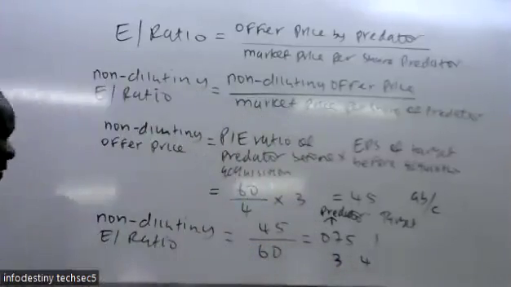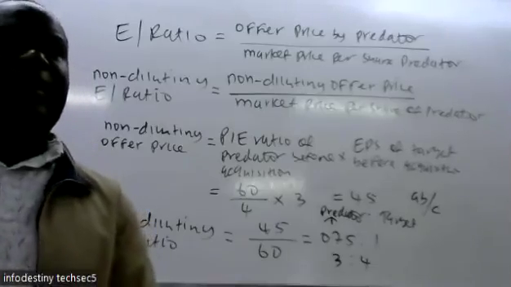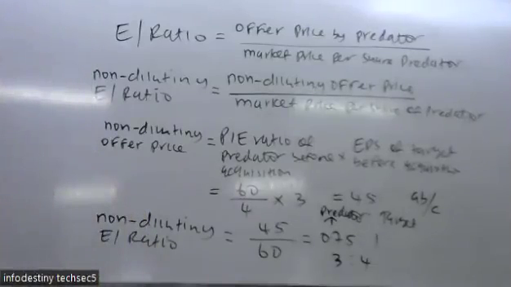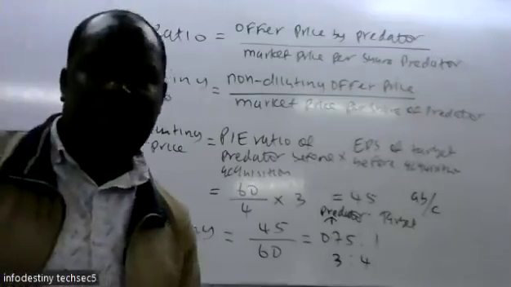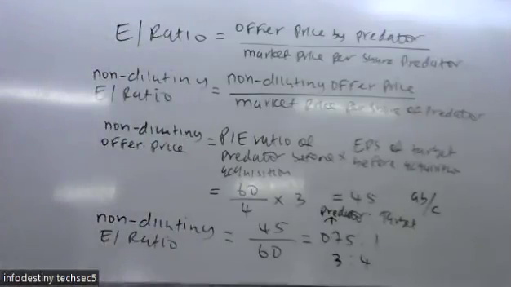So maybe you can just write here something brief by noting that this implies that the predator will issue 3 shares in order to acquire 4 shares of the target.